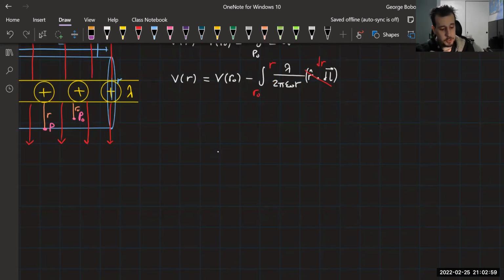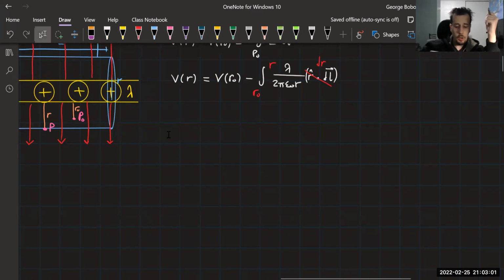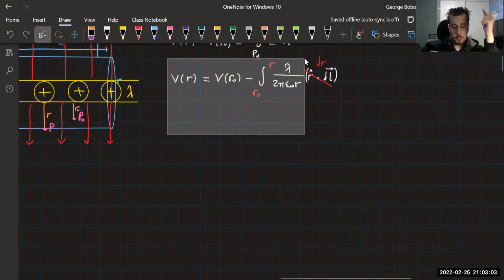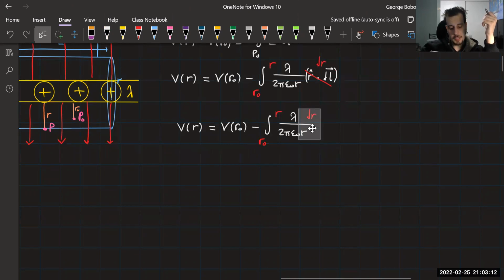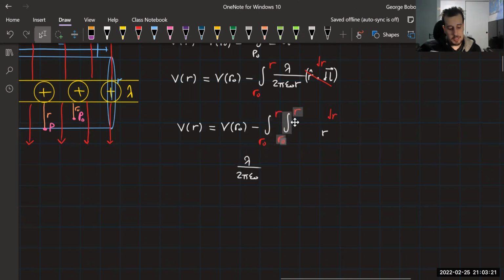That's why I put the bounds first. So all that we need to do now is integrate this function with respect to R. I'm going to put it right there. Of course, you can see that I only have these remaining inside my integral. Okay. I can move the constants outside.